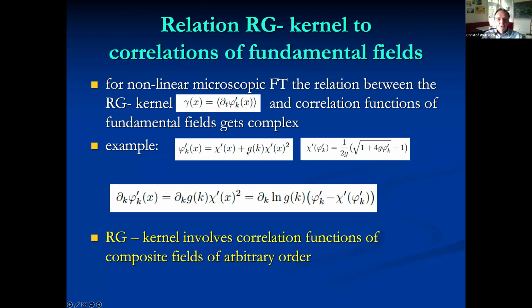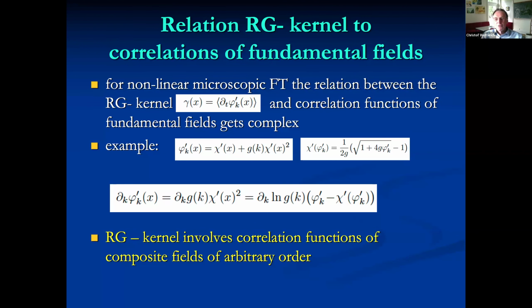This is the k derivative of g times chi prime squared. And then you insert chi prime squared, and you see chi prime squared is now a complicated algebraic function with square roots. And that's already the point which I wanted to make.